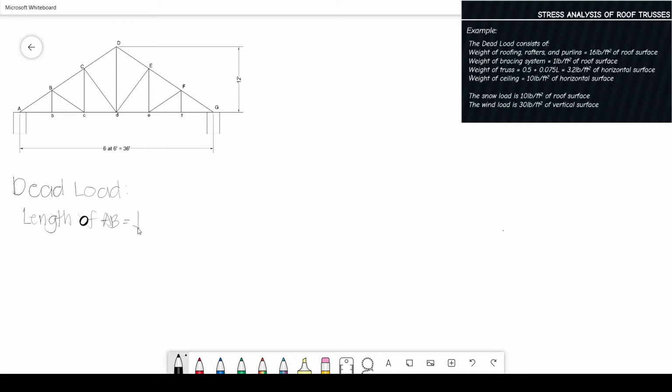This is actually equal to, this is 12. 12 divided by 3, that is 4. Then, the horizontal distance is 6. So, that is 4 squared plus 6 squared, or equal to 7.21 feet. So, next is the tributary area of roof surface per panel.